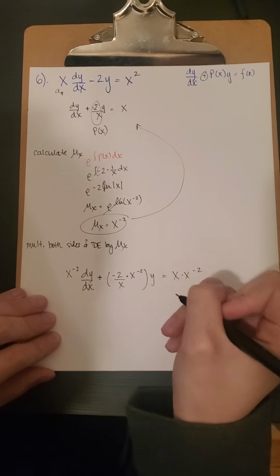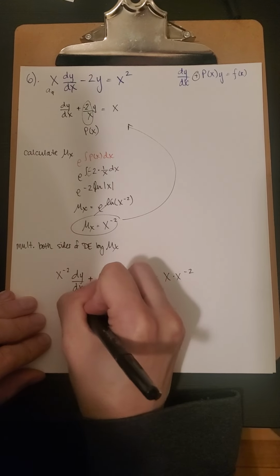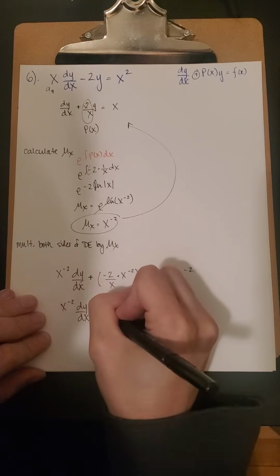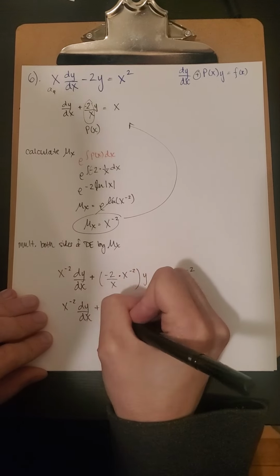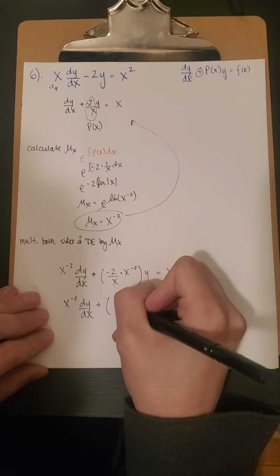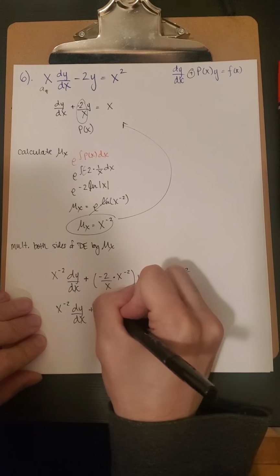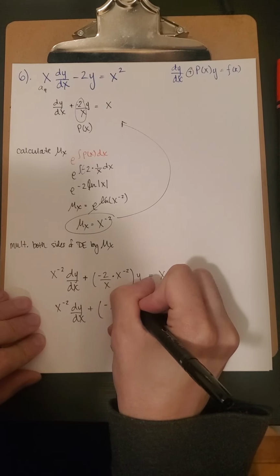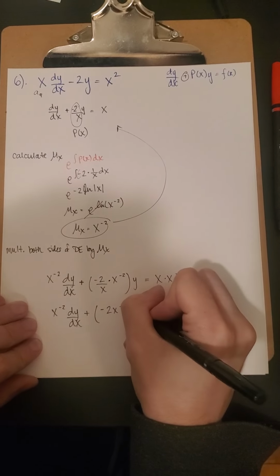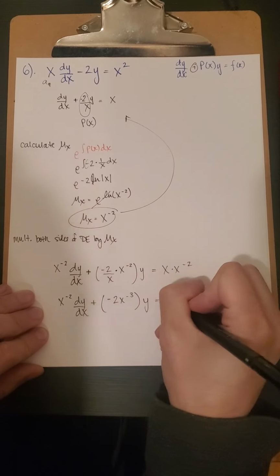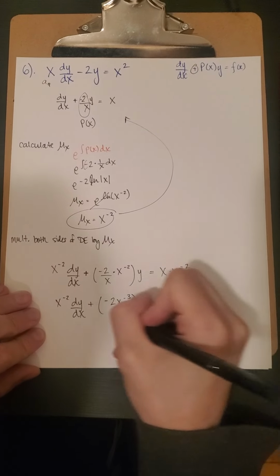So just doing some algebra right here, we get x to the negative 2 dy dx plus, this right here is the same as negative 2x to the negative 3 y, and then this right here is x to the negative 1.